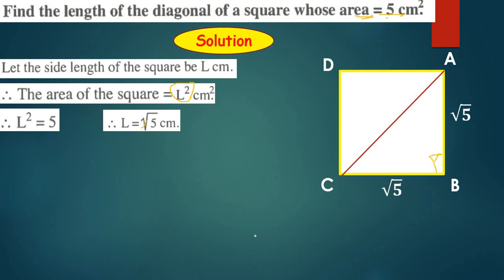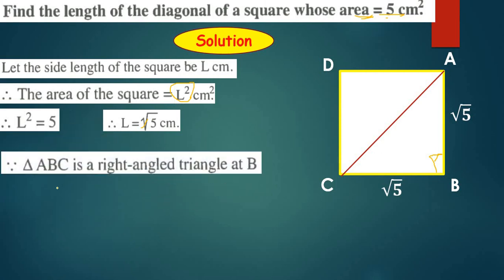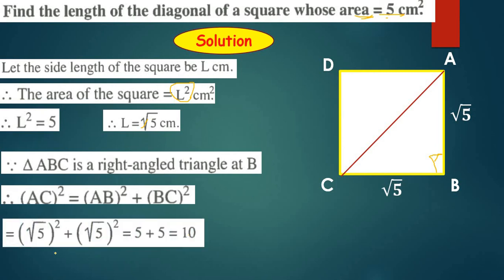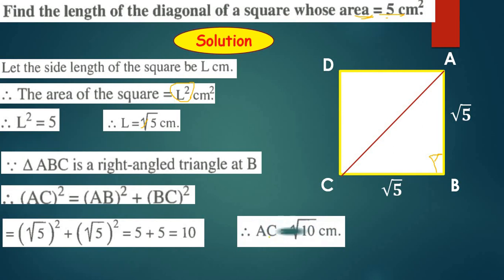To get the diagonal AC: since triangle ABC is a right angle triangle at B, by the Pythagoras theorem, AC power 2 equals AB power 2 plus BC power 2, and we replace AB and BC with root of 5. Power 2, it will be 10. Therefore, AC equals root 10, and the diagonal is root 10. Thanks.